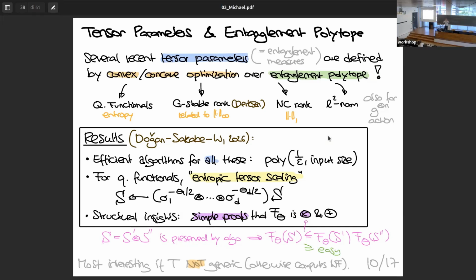If the tensor is a Kronecker product, S is S prime tensor S double prime, then that's preserved by the algorithm. So you will find a maximizer that's actually in the orbit of the subgroup, and that basically is the proof. The previous proof was not so complicated. It proved this inequality by representation theory and smart considerations. Of course, these different parameters are only interesting if the tensor is not semi-stable, because otherwise the origin is the maximizer and it doesn't really matter what you maximize.